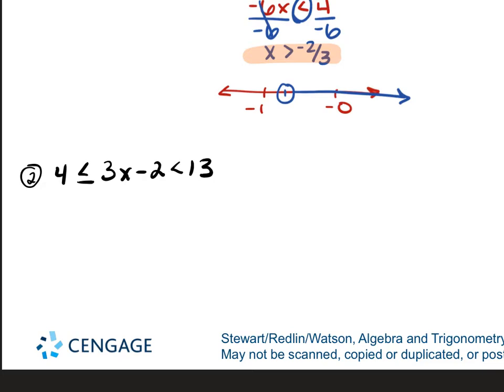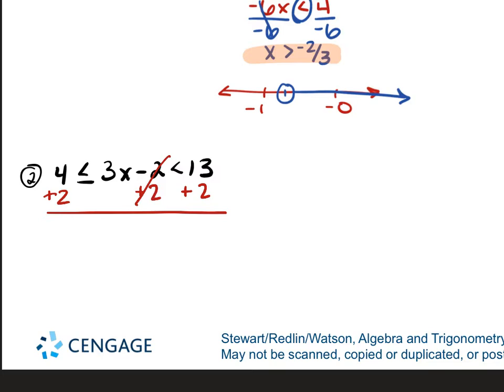So what I'm going to do is undo any addition or subtraction first that happens in the middle of that inequality. So that minus 2 is going to be undone by adding the 2, and we would do that to every part of this inequality. So the 2's in the middle cancel.